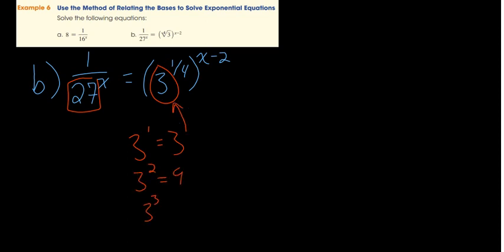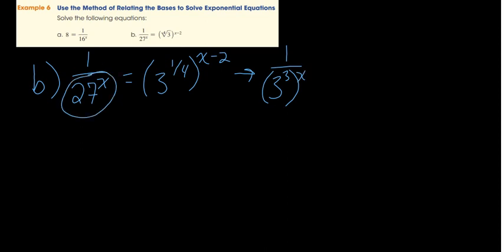Hopefully that makes it easier to see that we've got a 27 here and a 3 here. These are my two bases. What base, when raised to some power, will go into both of these numbers? We did it on the previous slide, and that would obviously be 3. 3 to the first power is 3, 3 squared is 9, but 3 cubed is 27. So 3 will be my base here.